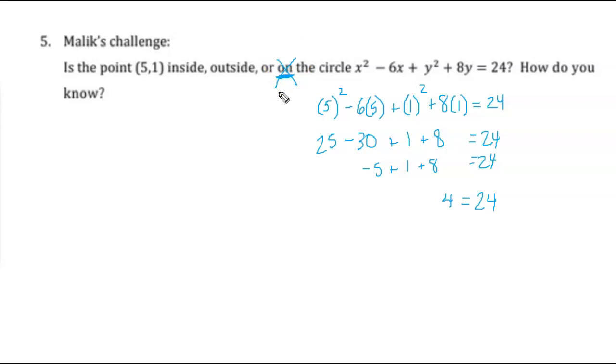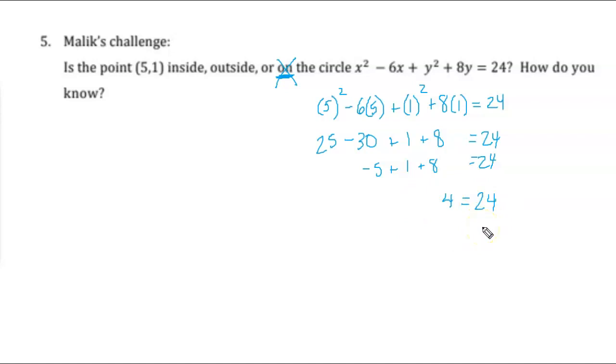But how can we tell if it's inside the circle or outside the circle? One option is always to graph it. If you have a graphing utility like Desmos, you can type in the equation and the point, and you can see whether it falls inside the circle, outside the circle, or on the circle. But since I've already done all of this work, I want to use it to see whether or not this point was in the circle.